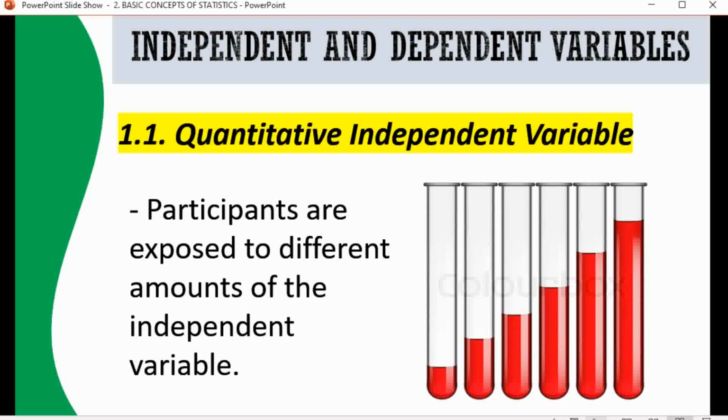For a quantitative independent variable, you use the same treatment with varying amounts. For instance, the drug could be administered to different groups of people who will receive different amounts of the drug. And you will be comparing the results of the effectivity of the said drug. That would be quantitative independent because you're just using the same treatment at different levels.